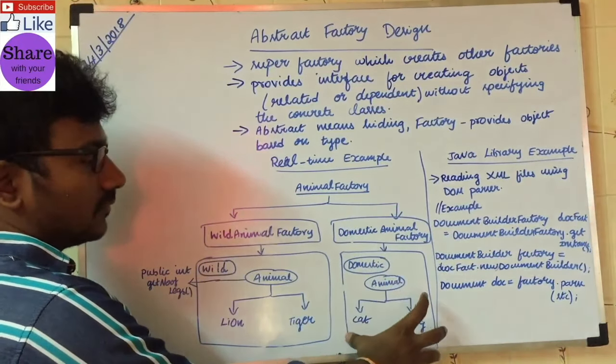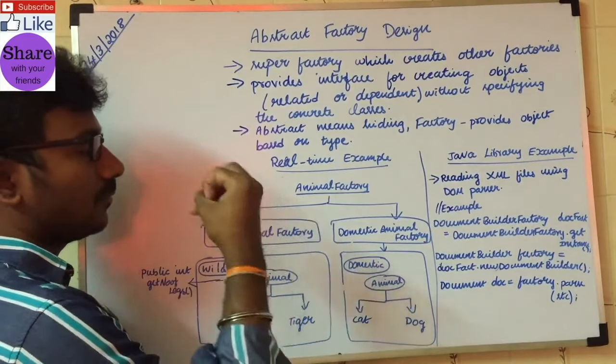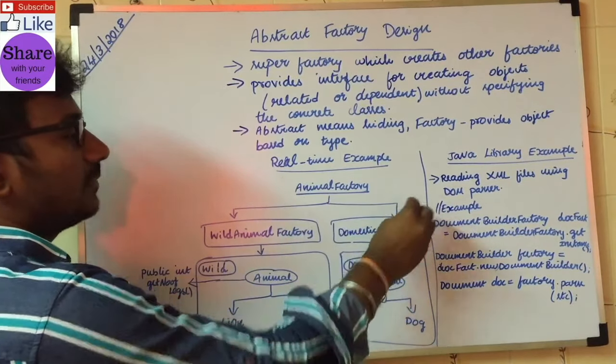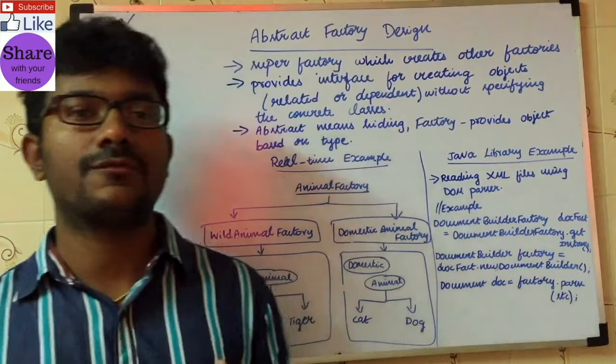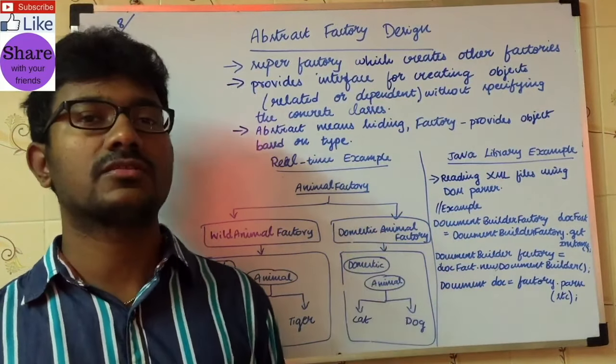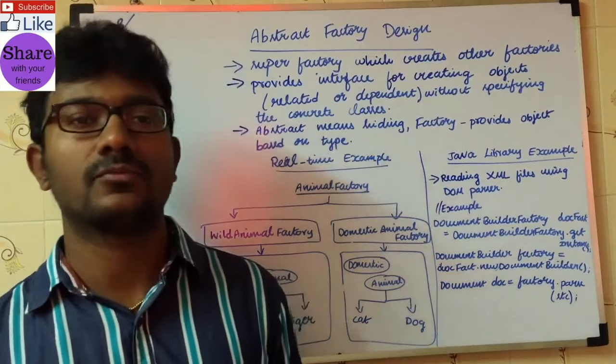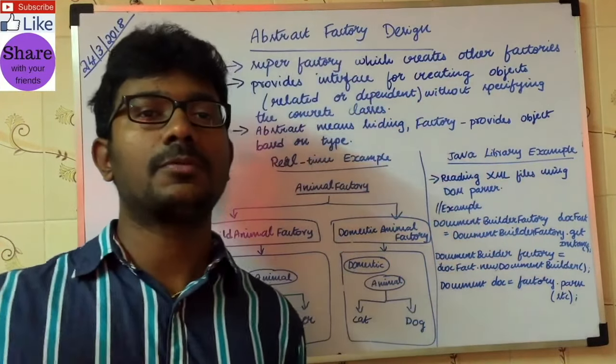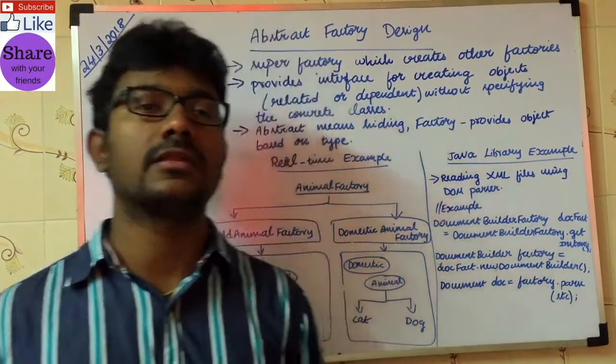So these classes would be managed by the domestic animal factory. For example, if a customer goes to the medical shop and says that I have some cold and fever, the medical shop representative returns some appropriate medicine.